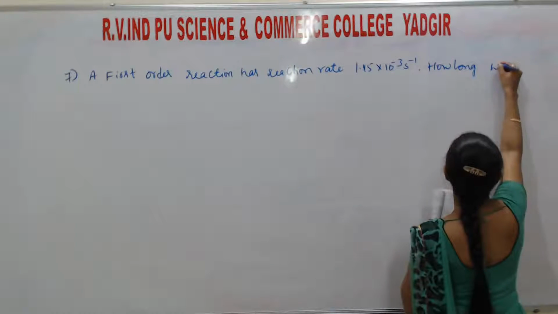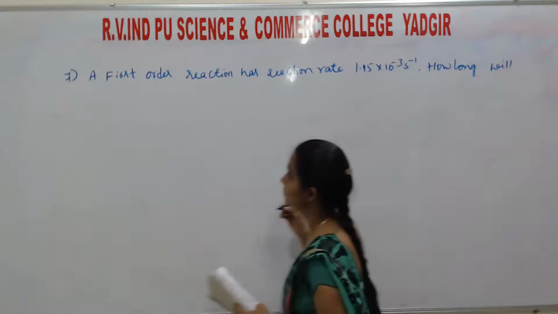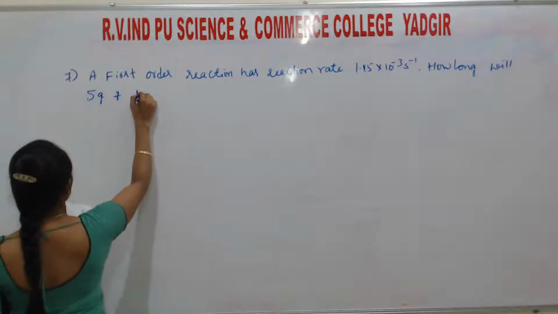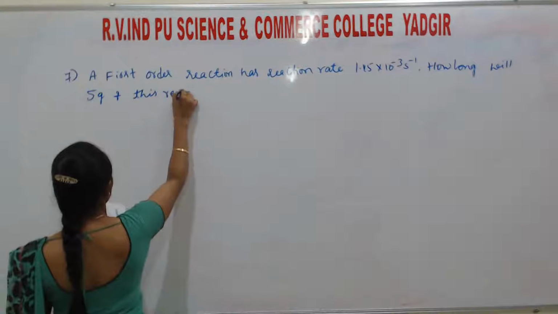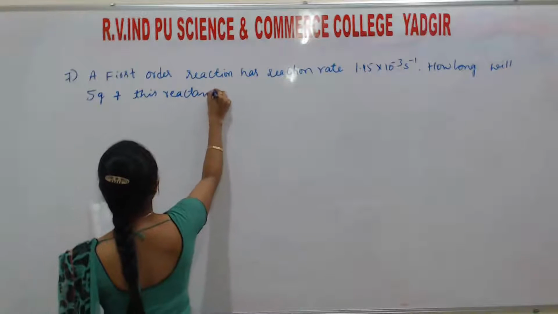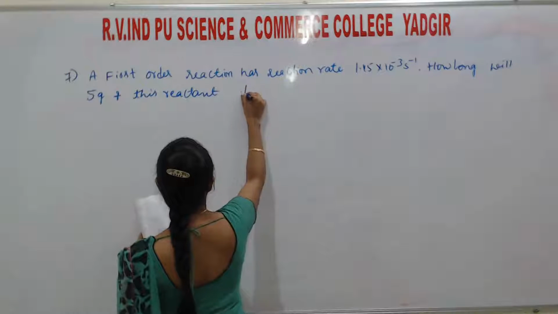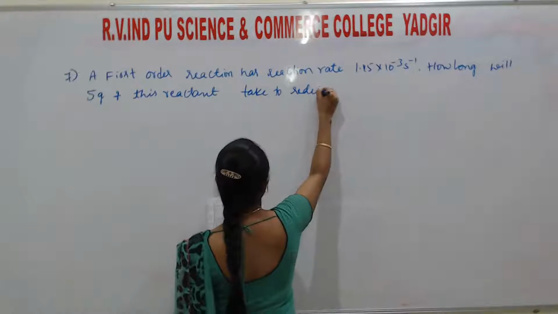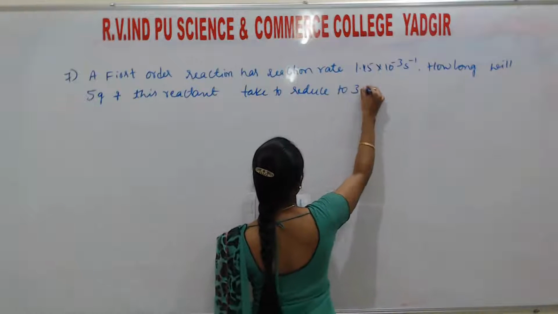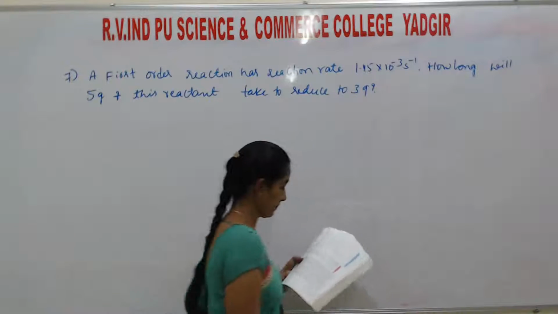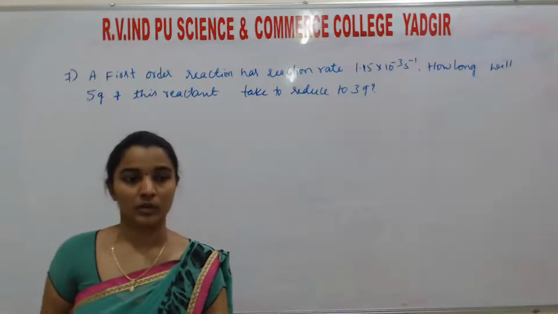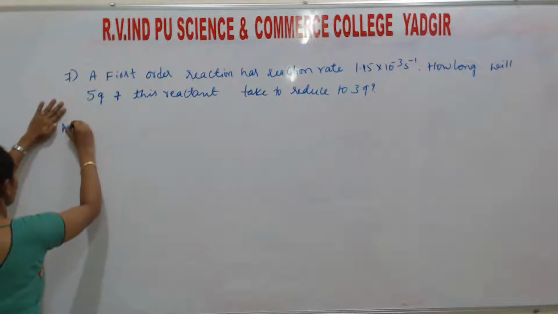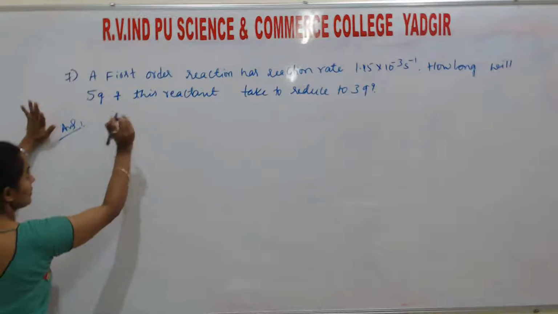How long will 5 gram of this reactant take to reduce to 3? Okay. So listen, here what we have to calculate: this is the first order reaction, we said.